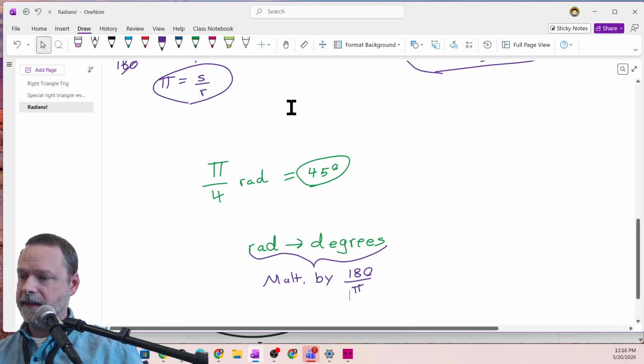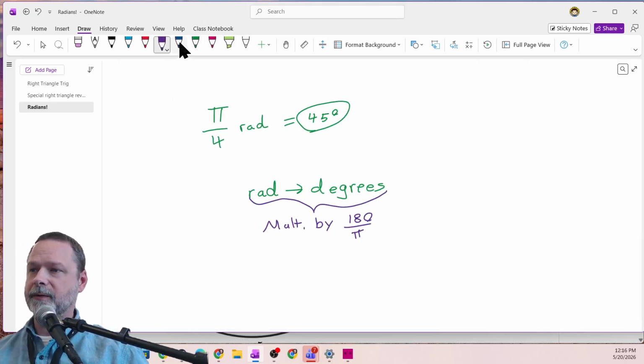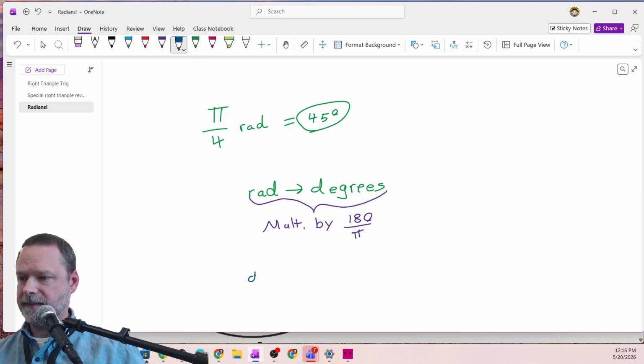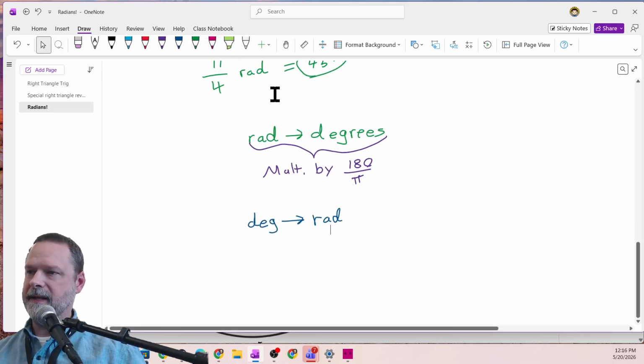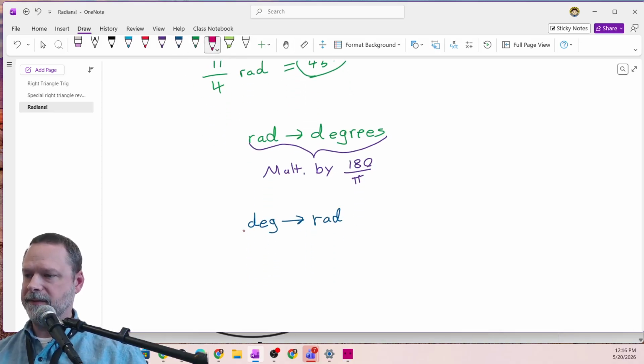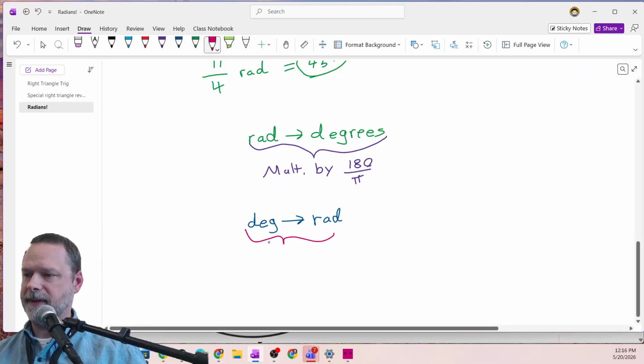There you go. And if we're going the other way, if we're going from degrees to radians, then we are going to multiply by pi over 180.